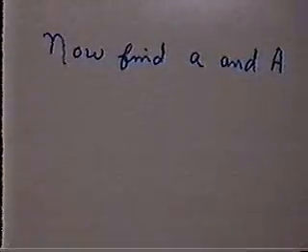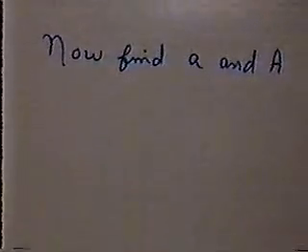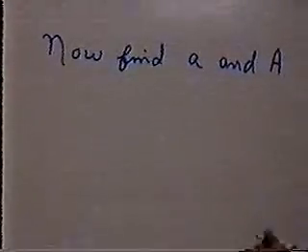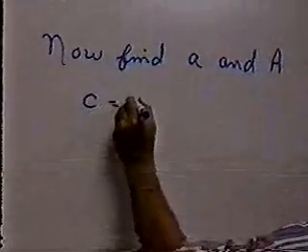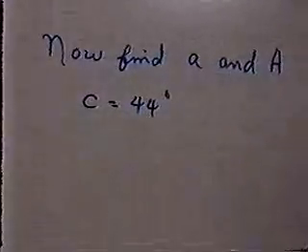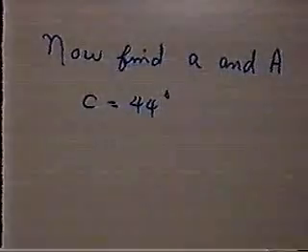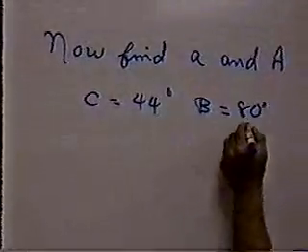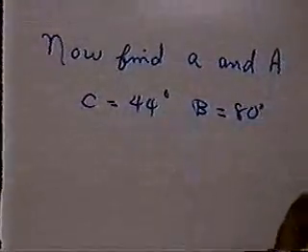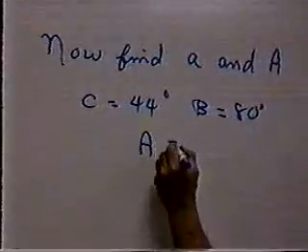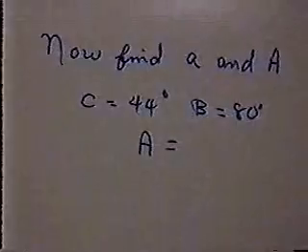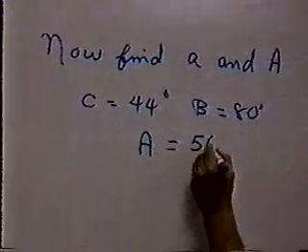Finishing the problem, we want to find little a and angle A. Well, now remembering angle C was 44 degrees, basically, rounded off. So we have angle B is 80 degrees. So that's 124. So therefore we can subtract that from 180 degrees and we get angle A to be 56.4.